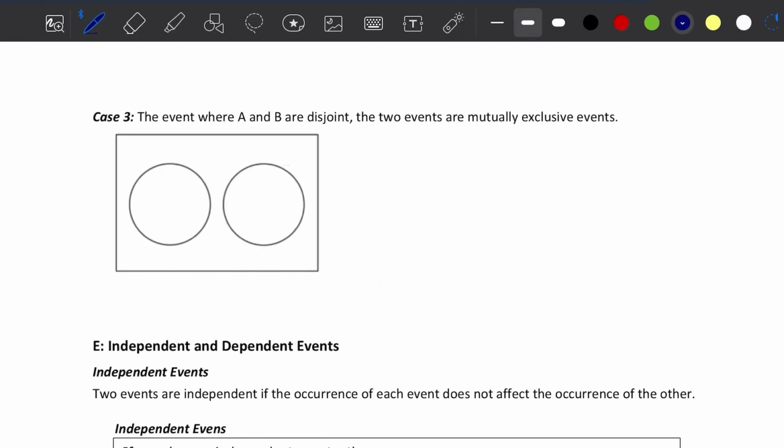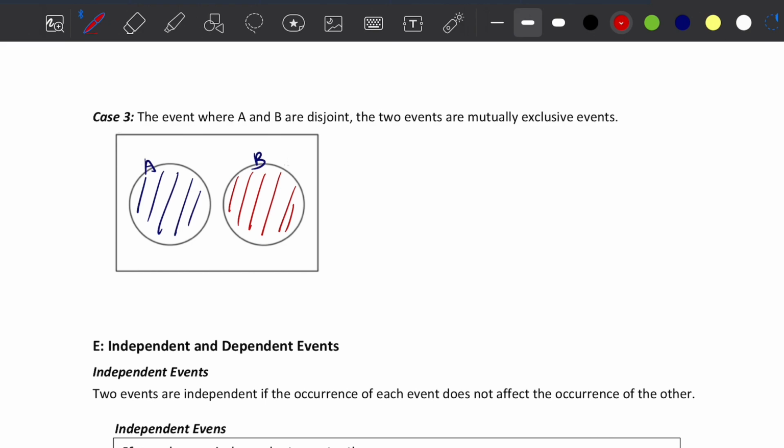Okay, then let's talk about the last case today. This is the mutually exclusive case, where A and B are disjoint. Mutually exclusive is very similar to independent events, however, they are also a little different.